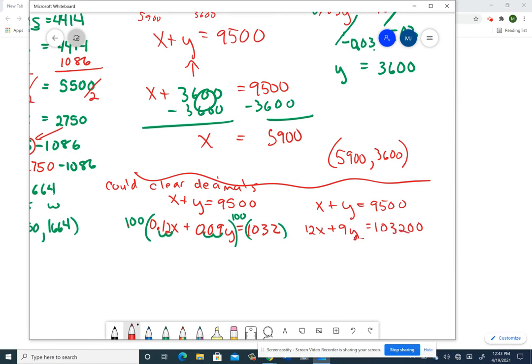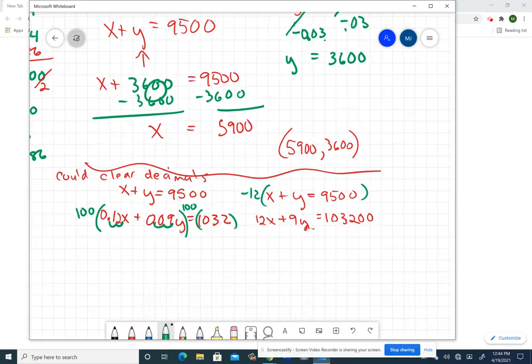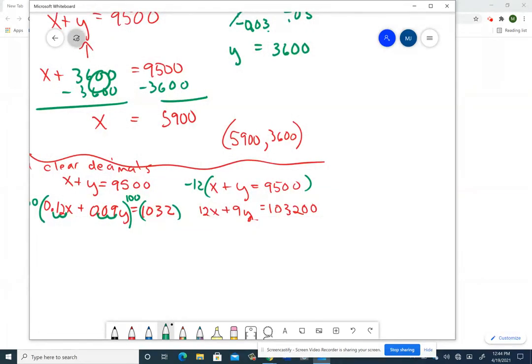Okay. Then what you would do is you would come up here and you'd be able to multiply by just negative 12. Okay. So you'll get negative 12x minus 12y, but then you get this gigantic number, 9,500 times 12. You'll get a negative 114,000.